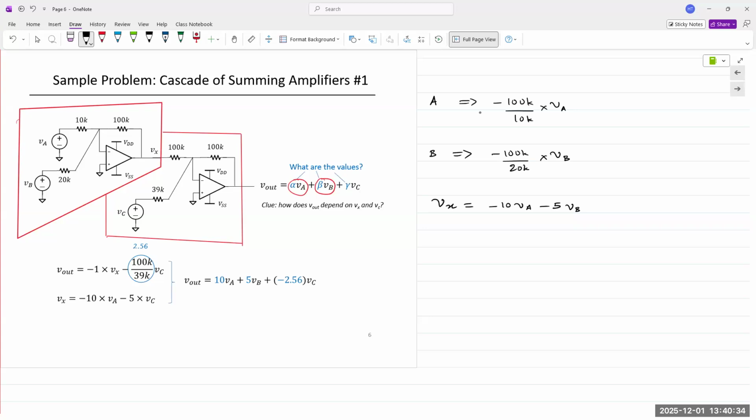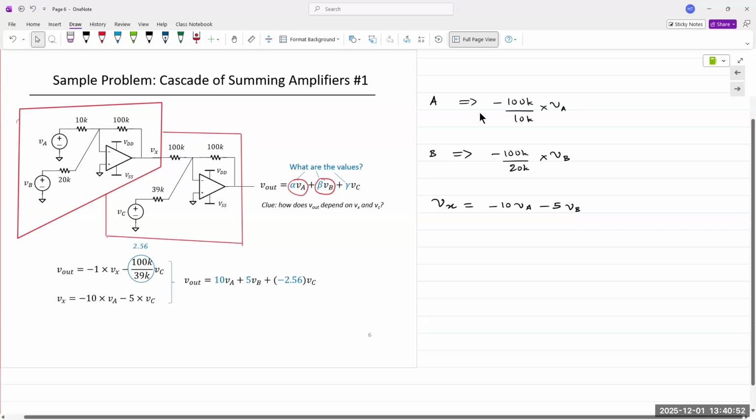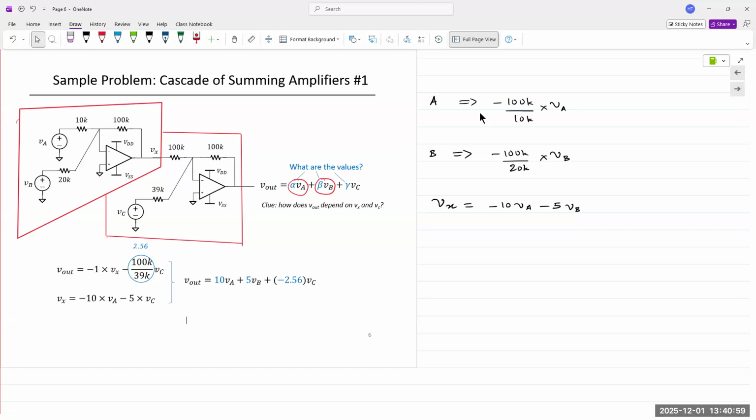All right, questions? Oh, this one, the final V out. Good question. The question being asked is, why are alpha and beta positive in the final V out equation?